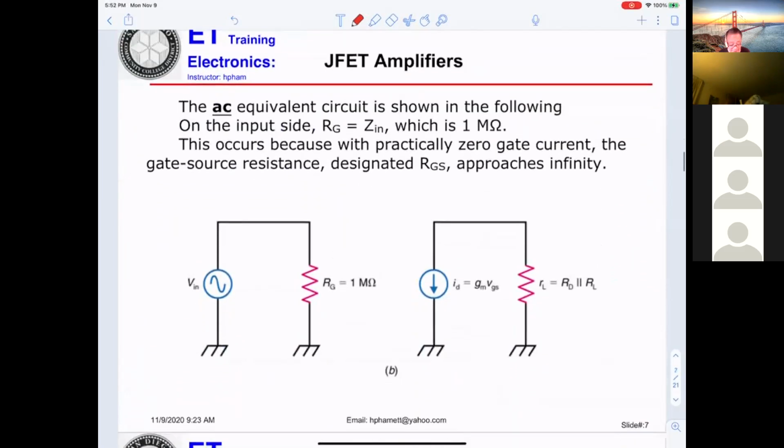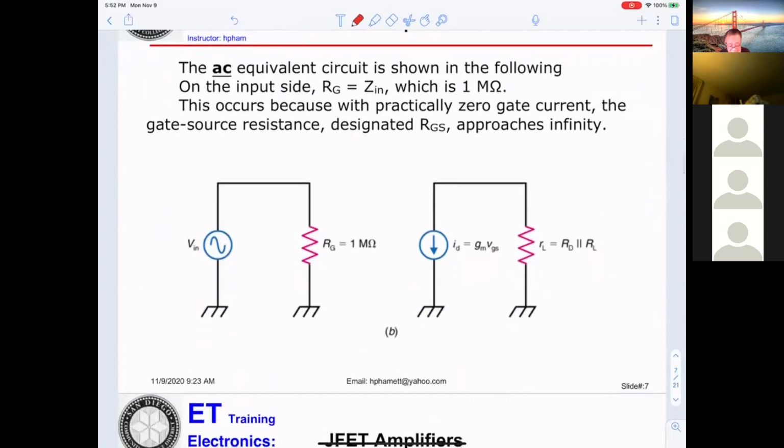So in here, they say AC equivalent. That means instead of drawing the JFET, you don't see any JFET anymore. On the input side, you get a 1 mega ohm. This is because of the practically zero gate current: the gate-source resistance, designated RGS, is approximately equal to infinity. So they just put a big resistance here to guarantee that if you get a sine wave from an input, it can go to the gate.